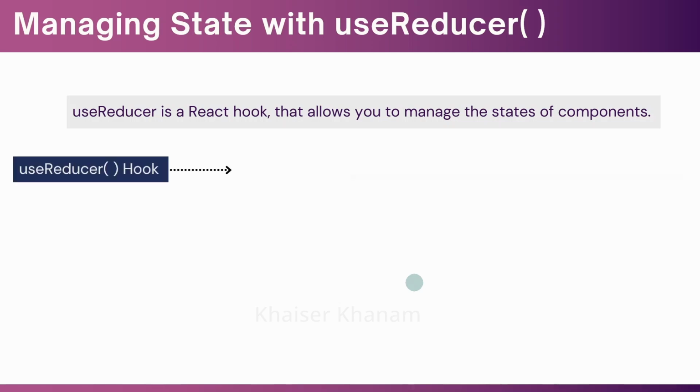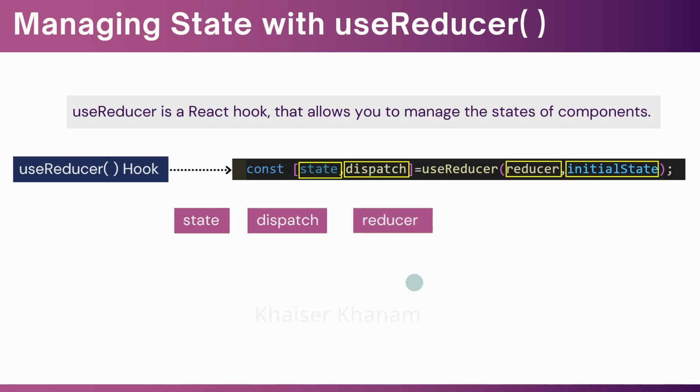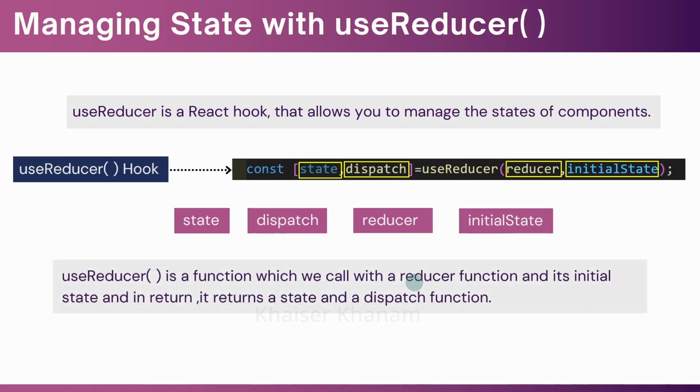So this is how we are going to write our useReducer. Inside this we have state, we have dispatch, then we have the reducer function, and finally the initial state. So useReducer is a function which we call along with the reducer function and its initial state, and in return it returns state and the dispatch function.